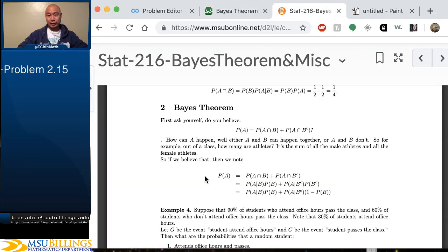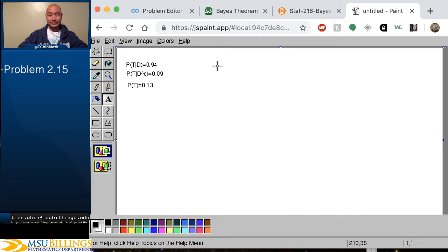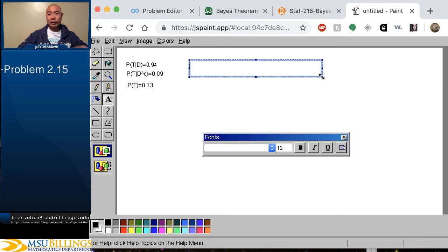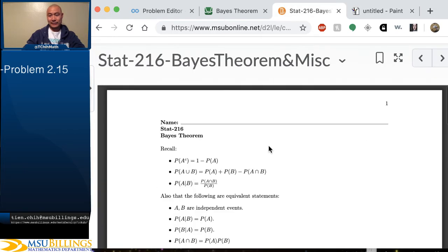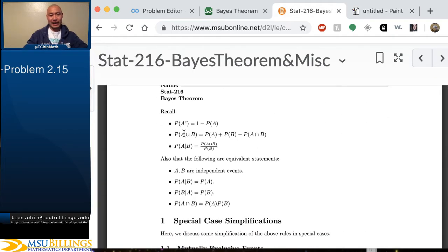Then what we want to do is solve this linear equation here. Now, the reason we know to use Bayes' theorem as opposed to anything else is, well, if we look at the other formulas that we have on hand, they don't really match up with anything that we have going on right now, right?